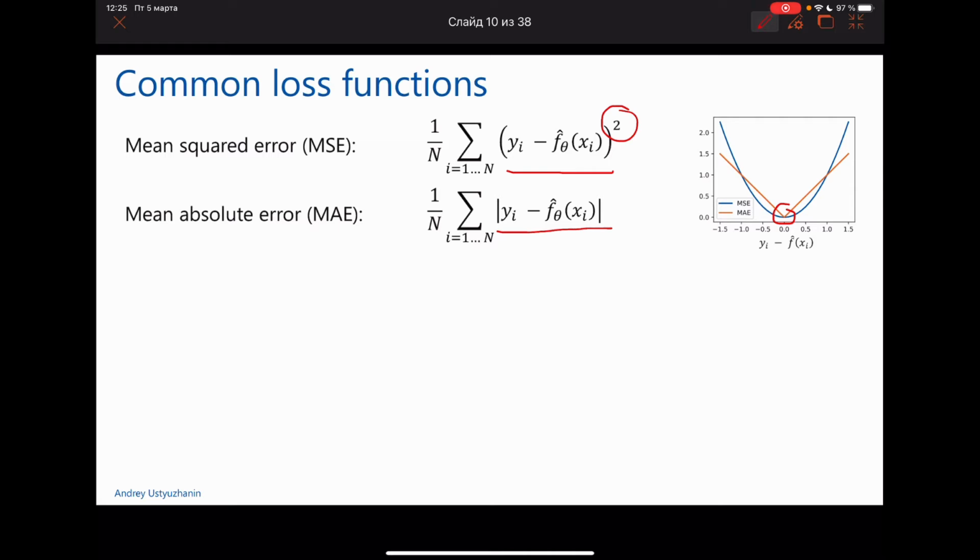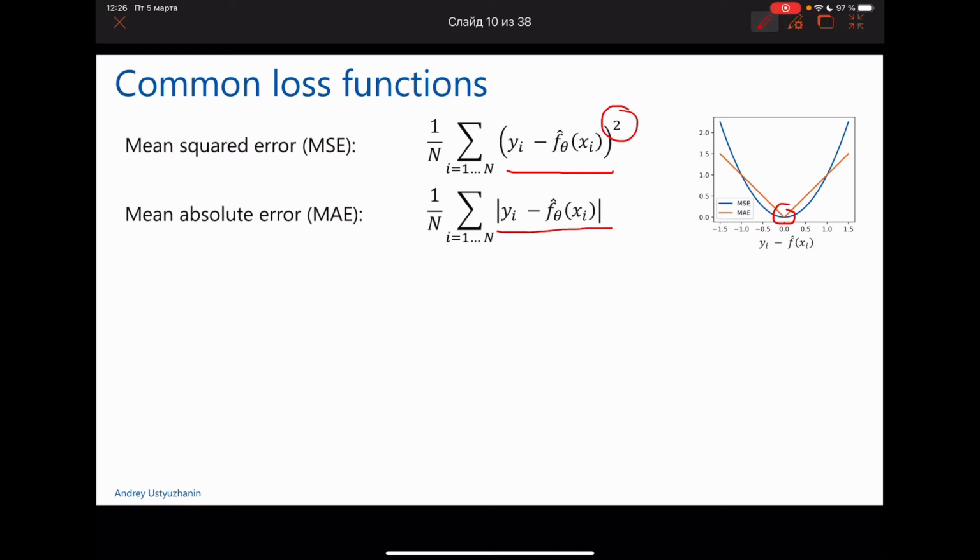Due to the second power in the mean squared error loss function, they may give a very significant term that would shift the solution of the regression away from the central and physical quantity.